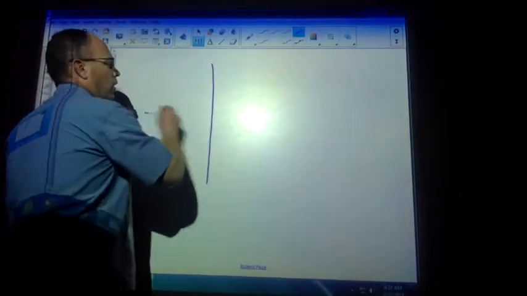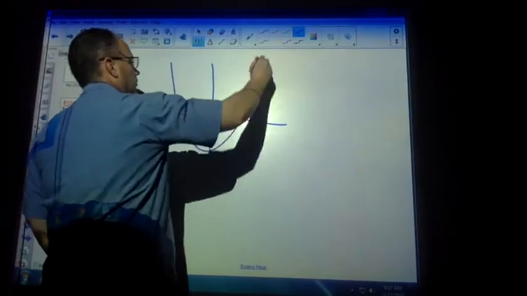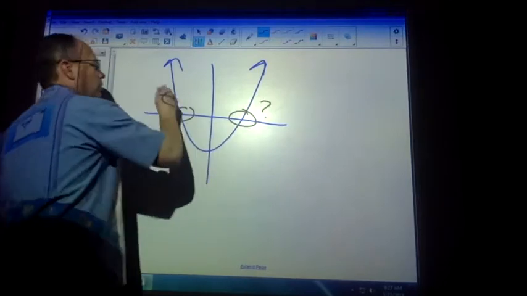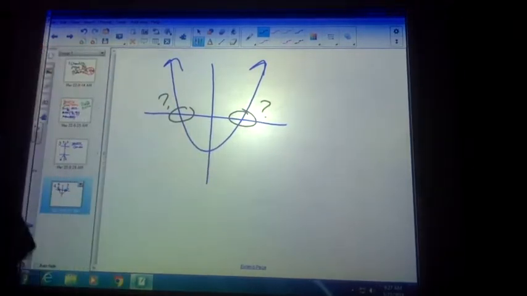There's other times, though, that you just can't tell your solutions. There are times where you can see that it crosses there and there, but you don't know exactly where it is. Okay? That happens when you cannot factor your trinomial. You can't factor it, it won't go. Okay?